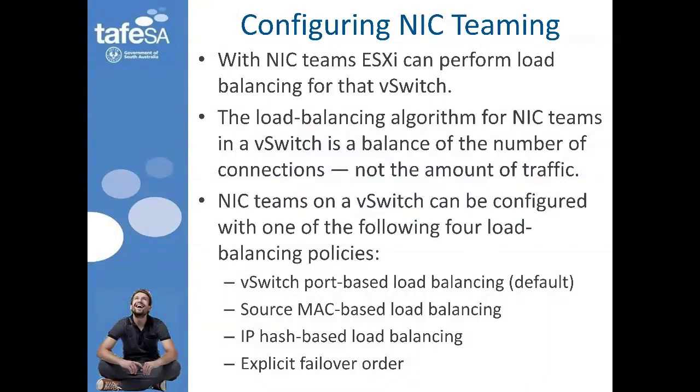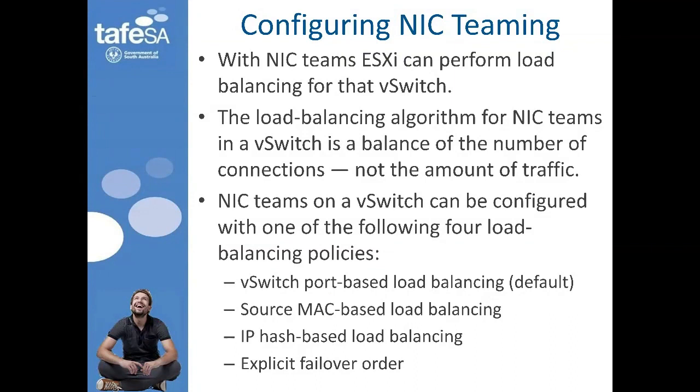So when we think about the amount of traffic, we think, oh, this is transferring 20 gigs of information through the network. So if you've got 2 network cards, you're probably thinking 10 gig here, 10 gig here. That's not what they mean, okay? The number of connections is if I've got 20 connections, 20 people connecting, I'll get 10 connections here, 10 connections here.